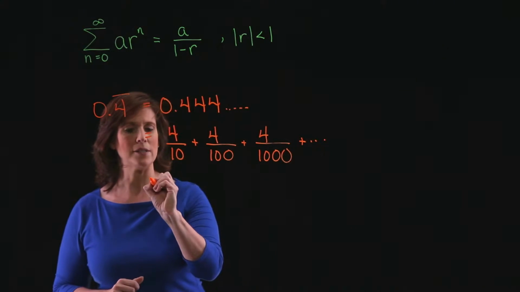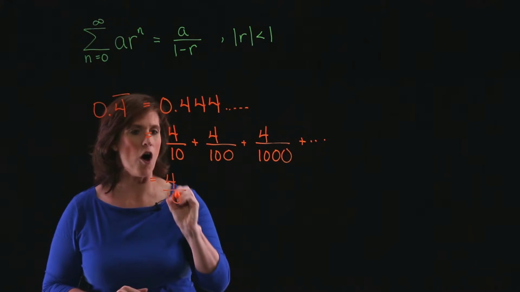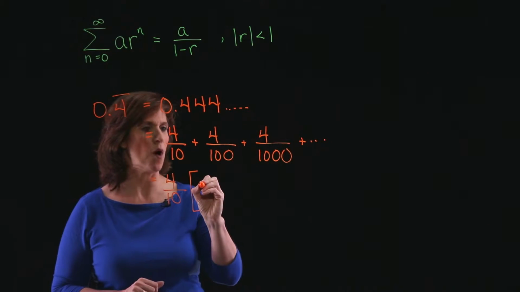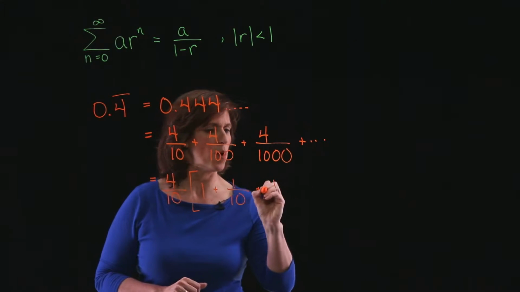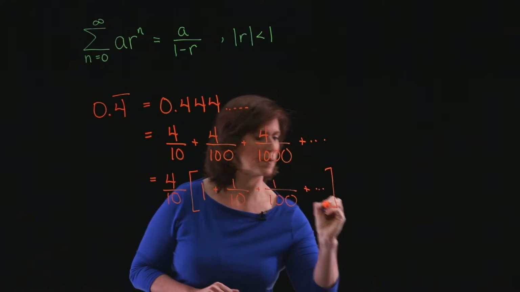Okay, now the next thing I notice here is that I can factor a 4/10 out of all of these terms. So I'm going to have 4 over 10 times the quantity, 1 plus 1/10 plus 1 over 100, and so on.